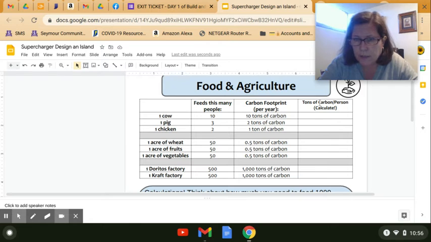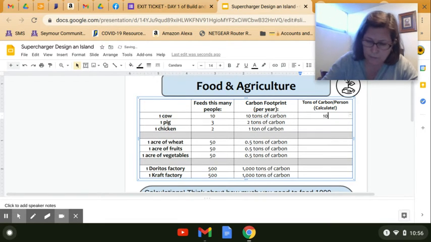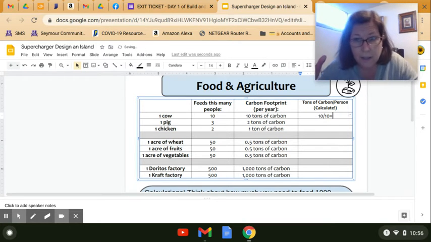So when we read this tons of carbon per person, see that division line? That's exactly what we're going to do. We're going to divide. We're going to take the tons of carbon and divide that by how many people. So 10 divided by 10 equals what, guys?